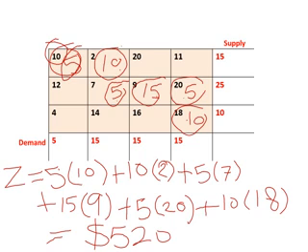Then the value 10 refers to the quantity to be shipped, and the cost for shipping this quantity is $2 or $200, whatever. So we multiply 10 by 2, and multiply 5 by 7, 15 by 9, 10 by 20, and finally 10 by 18, and adding all up, we get the starting solution by using the northwest corner. Okay, this is for the northwest corner.